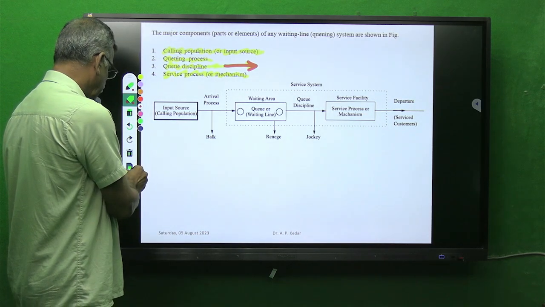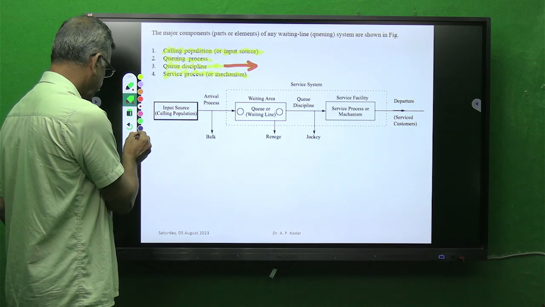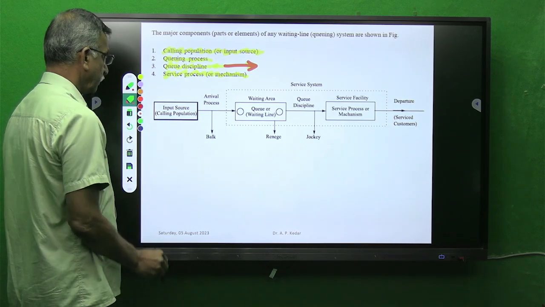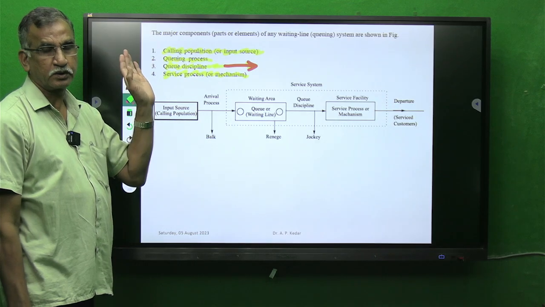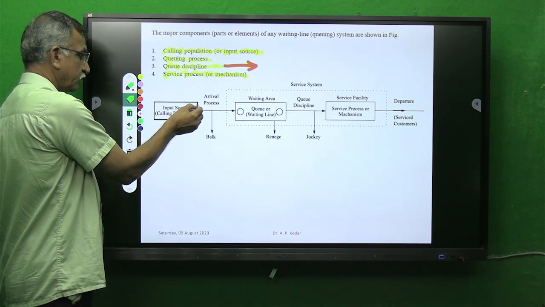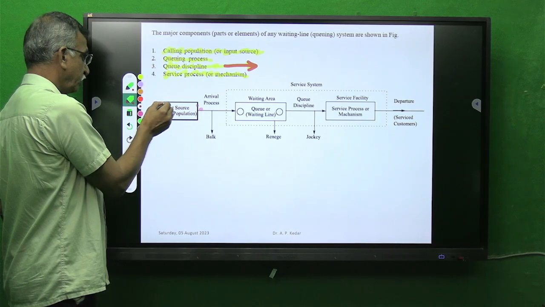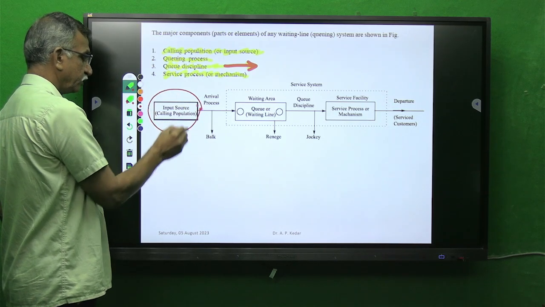You can see over here a very important concept. As we have seen in the previous slide, the person interested in the queue will join through the calling population.